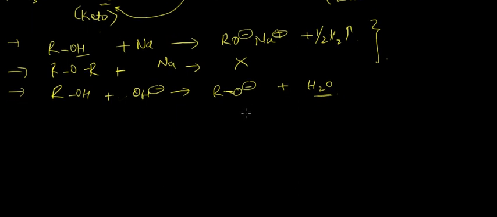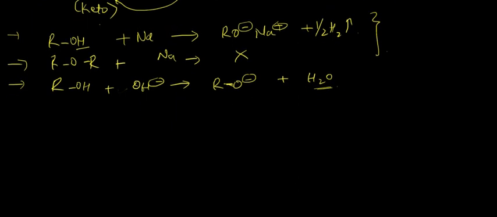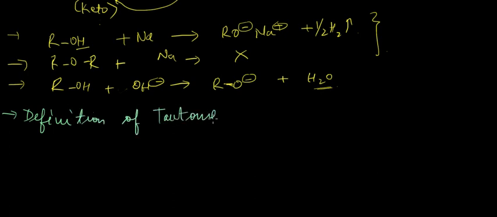Okay, so let's delve into the definition of tautomerism. The definition is, if two functional isomers are in dynamic equilibrium with each other, they are known as tautomers, and this phenomenon is known as tautomerism.